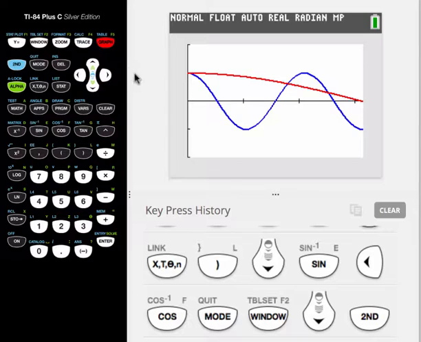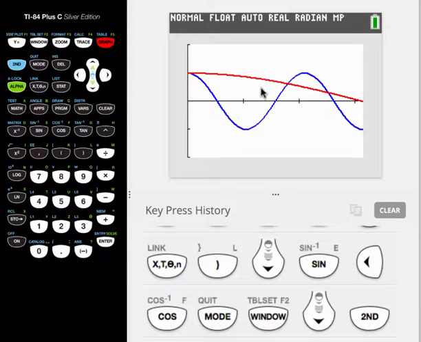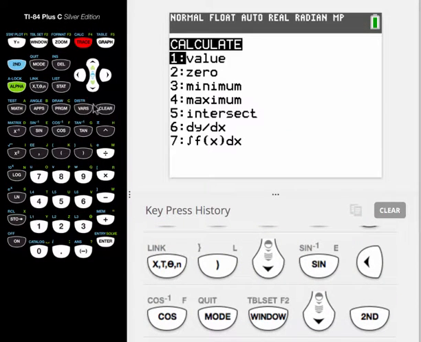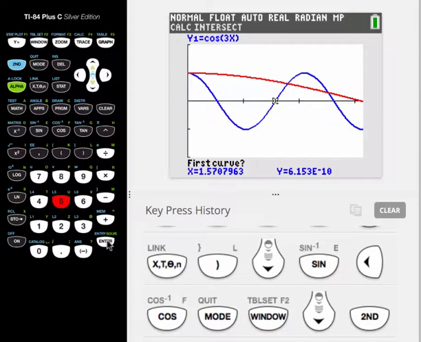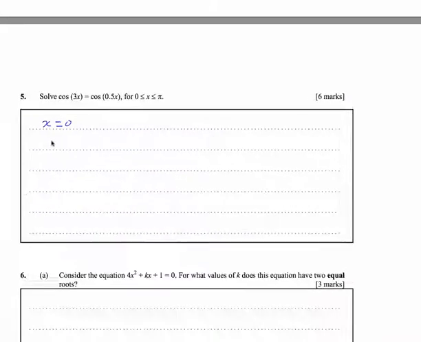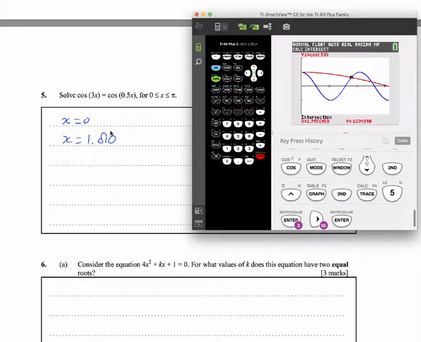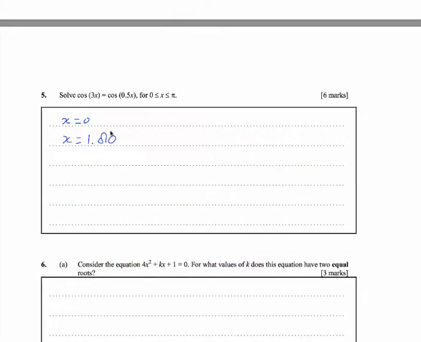So this is cosine 3x, this is cosine half x. How many solutions are there? 1, 2, 3. Obviously the first one is 0, so x equals 0. I don't even need to do anything. What about the other two? Second calc, 5, intersection, curve 1, curve 2, close guess: 1.759, so this becomes 1.76.